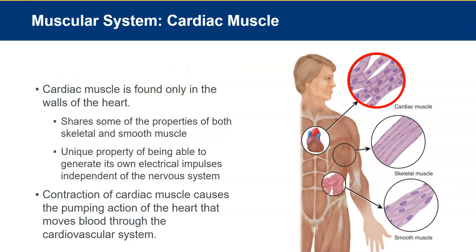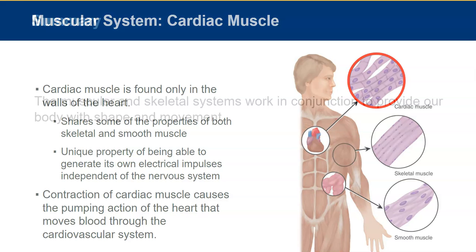Cardiac muscle is only found in the walls of the heart. It combines properties of both, and its additional unique property is it generates its own electrical impulses independent of some input from the peripheral nervous system. That contraction of the cardiac muscle allows the heart to serve as a pump.